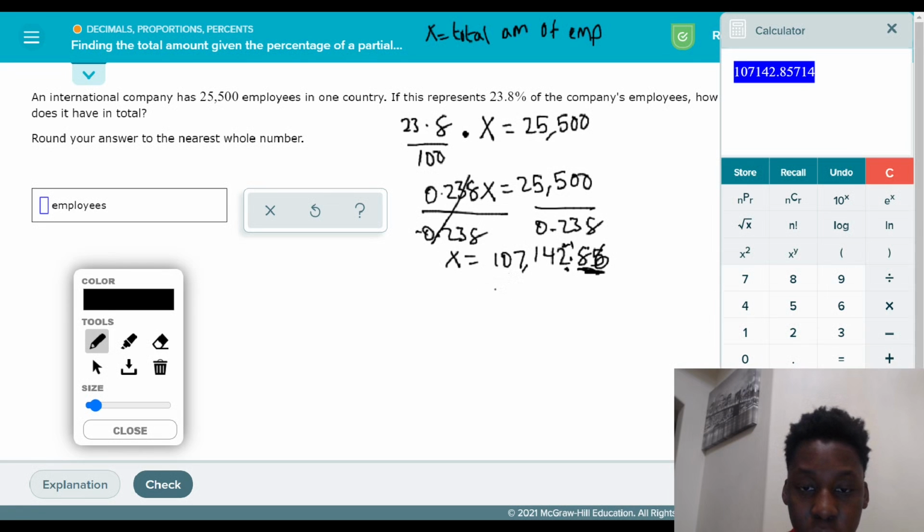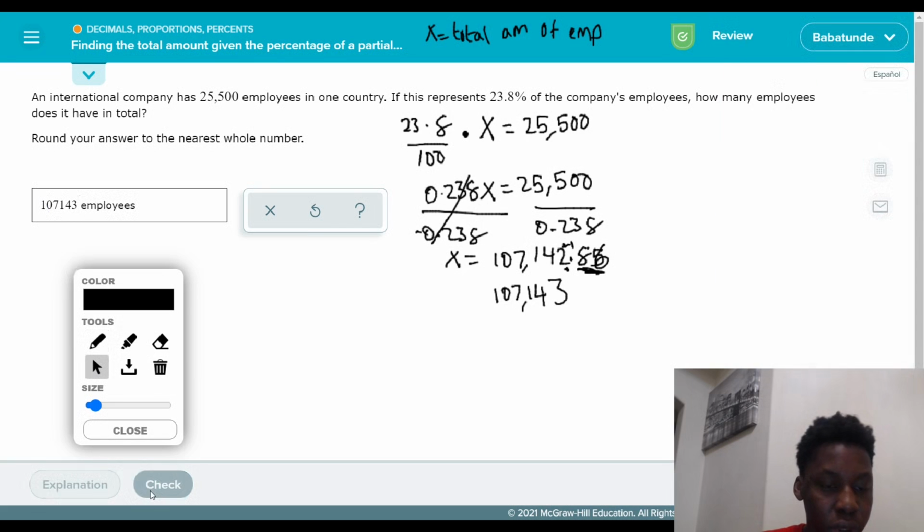So this will be 107,143, because we added 2 plus 1, and we did this because the number behind the decimal point here is greater than 5. So this is 107,143 employees.